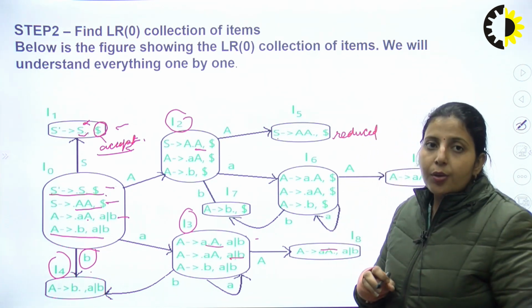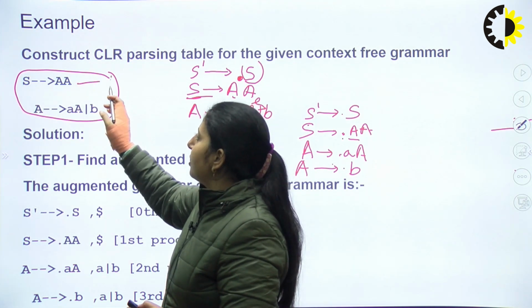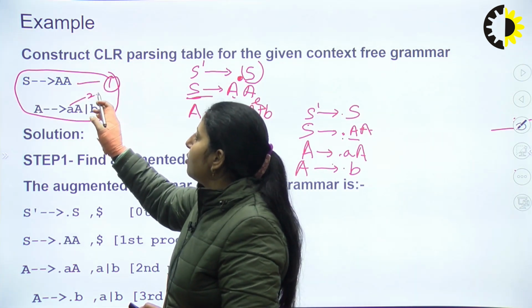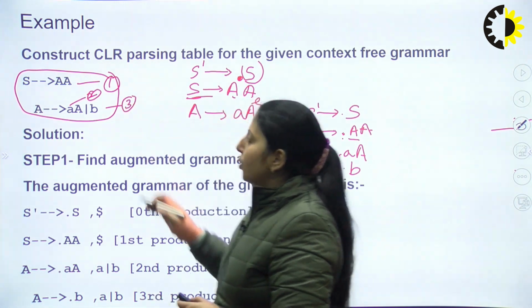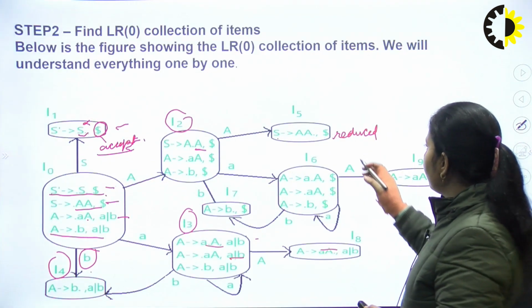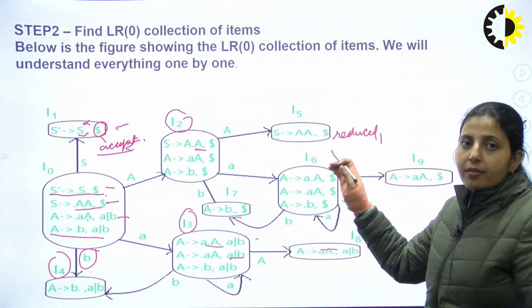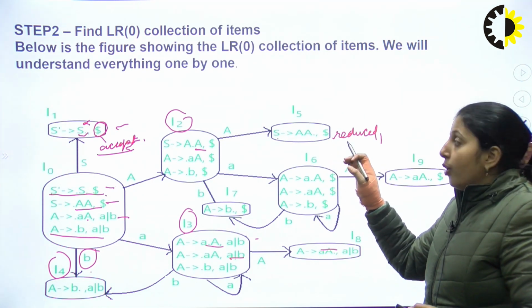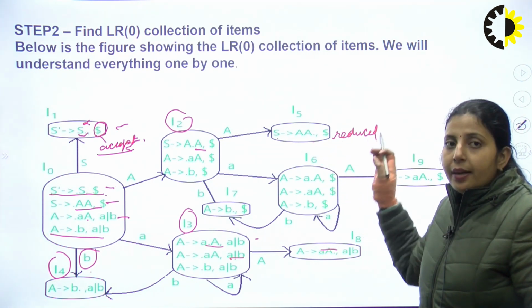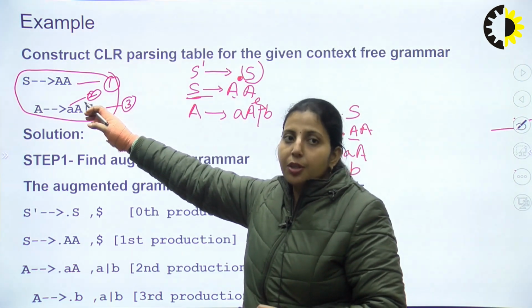Let's assume this is 1, this one is 2, and this one is 3. So this is reduced by 1. Why are we saying this is reduced 1? Because the dot comes at the end of the production due to this grammar, or this production rule.